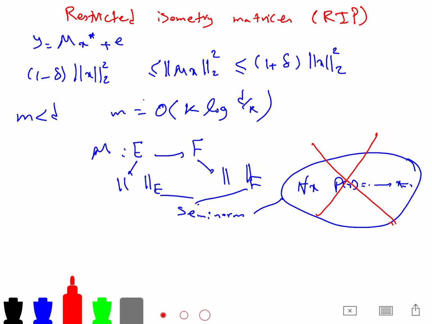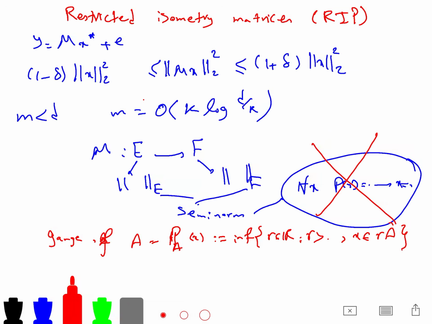Semi-norms can be classified in terms of absolutely convex absorbing subsets A of X. So we say the gauge of A is p_A of x. This is like the gauge that Minkowski used many years ago, which is the infimum of r, where r is greater than 0 and x is in rA.